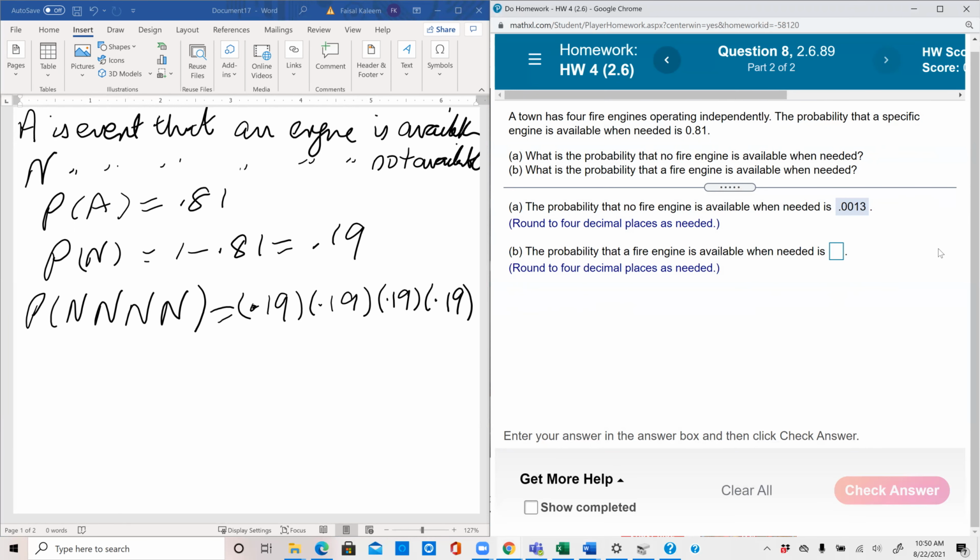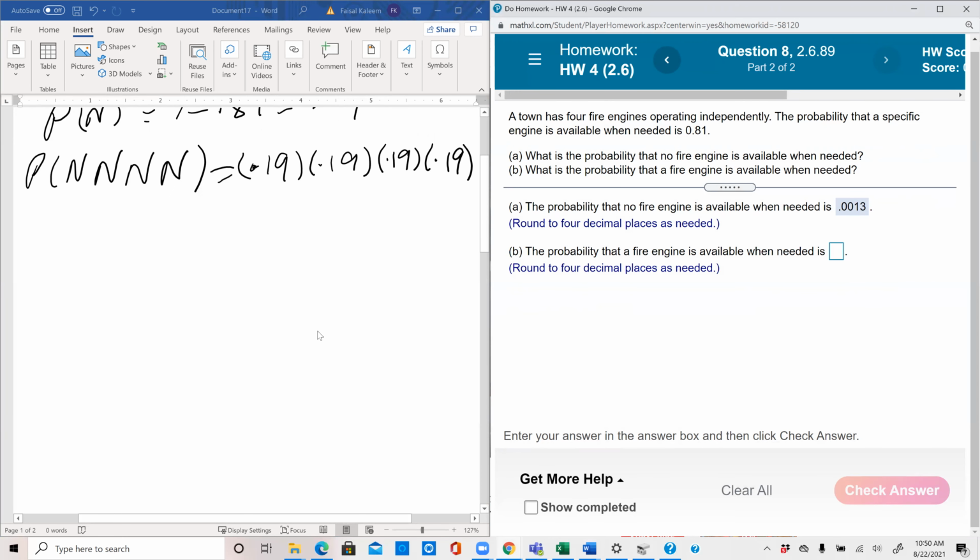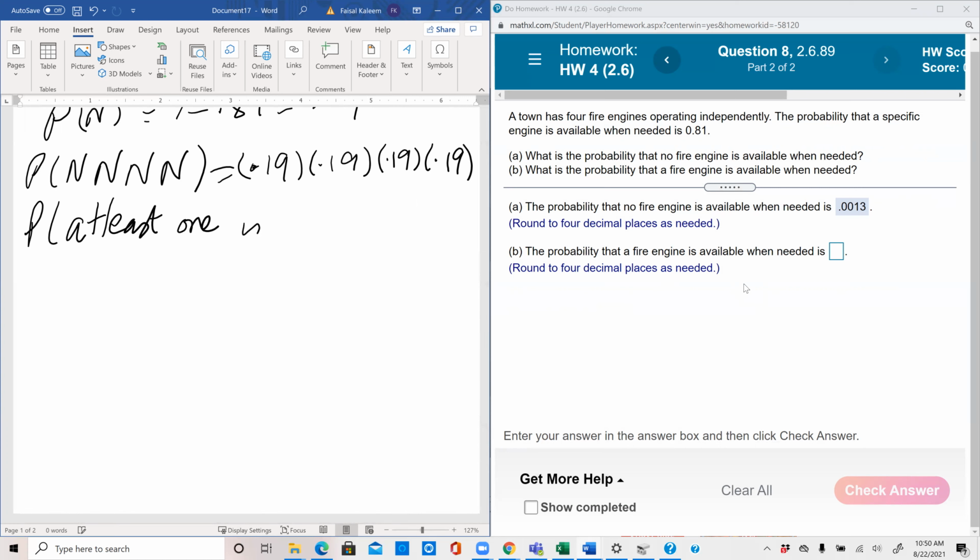The probability that a fire engine is available when needed. What they are saying is that at least one of the engines is available. The probability that at least one is available is the complement of none of them being available.